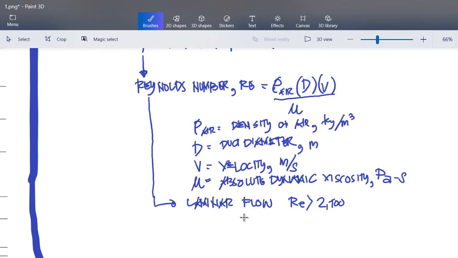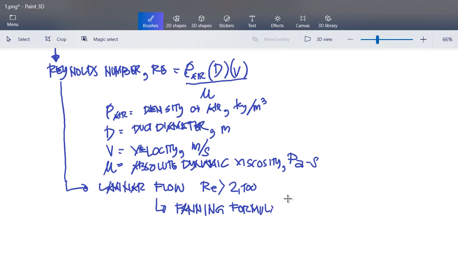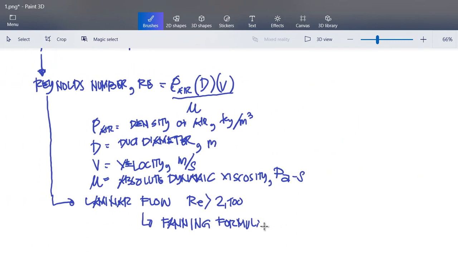Now, if it is less than 2100, your friction factor will use the Fanning formula. So the Fanning formula is f is equal to 64 divided by your Reynolds number. So that is its value.